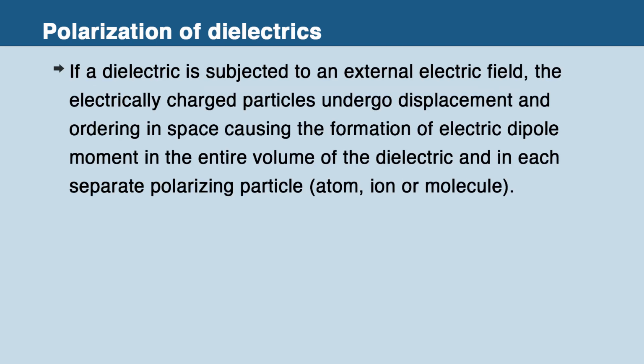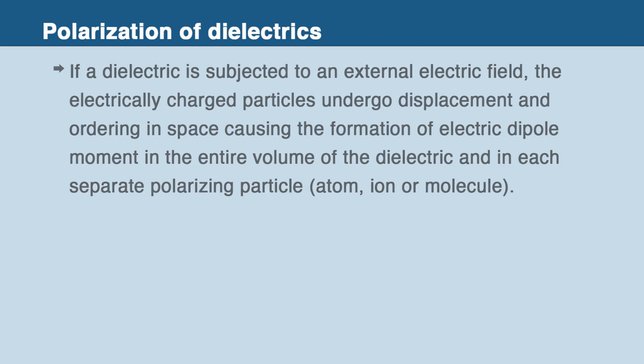Polarization means if a dielectric is subjected to an external electric field, the electrically charged particles undergo displacement and ordering in space, causing the formation of an electric dipole moment in the whole volume of the dielectric and each separate polarizing particle.